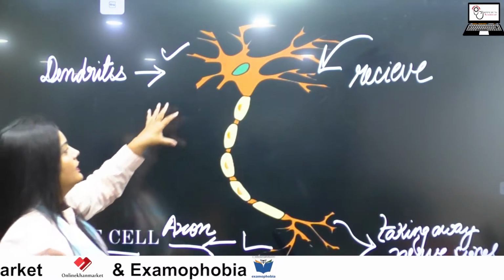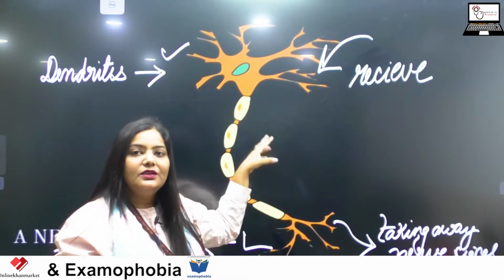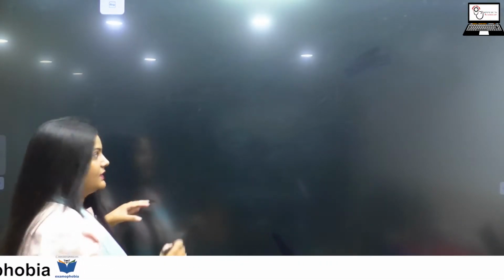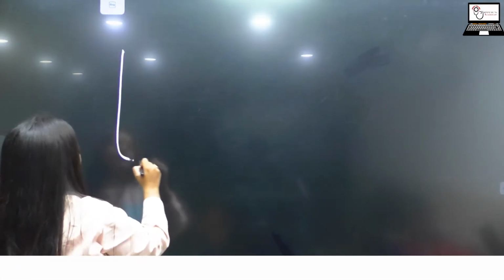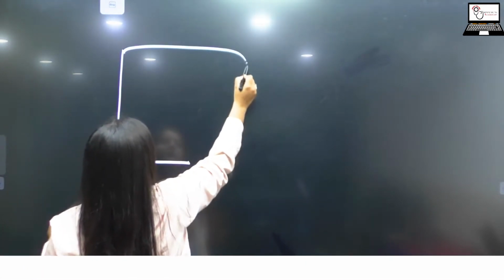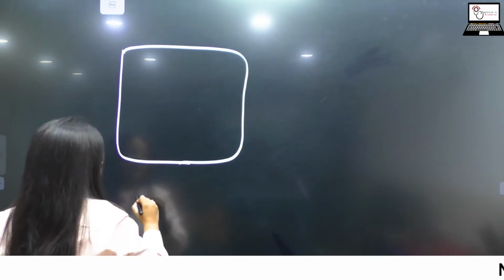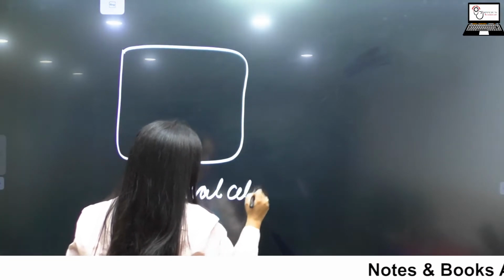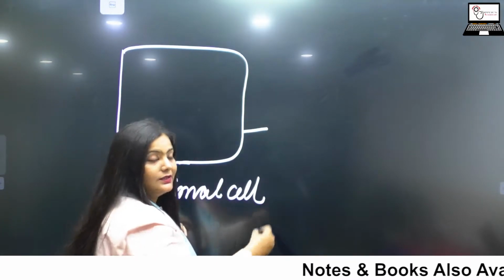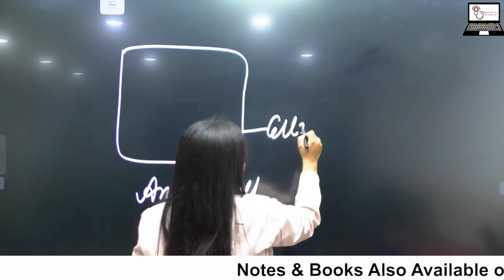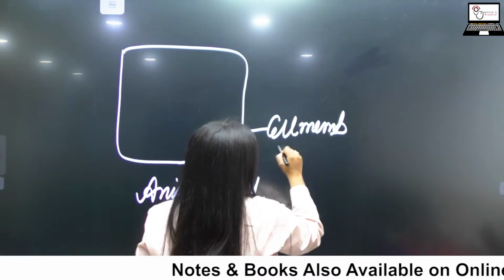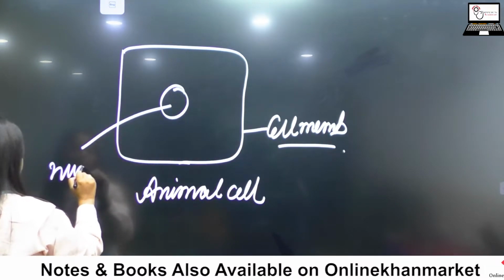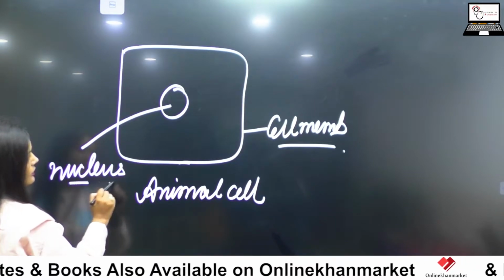Okay, now, like I was saying, they are similar to the eukaryotic cell. So how are they similar? Let's first have a look at the normal eukaryotic cell. Of course, we are going to talk about the animal cell, right? On the outside, the animal cell consists of a cell membrane. In the center, it is going to be the nucleus, right?